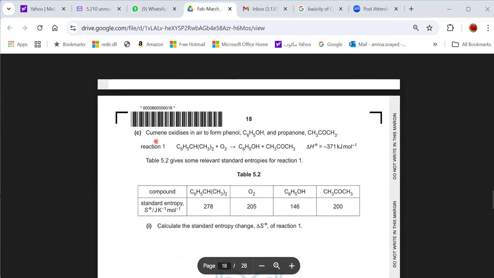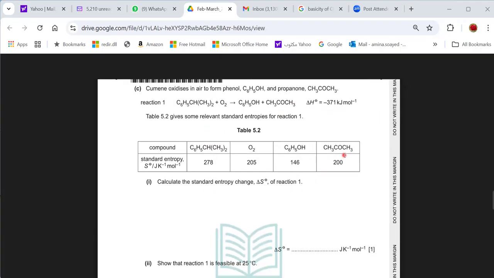Here it says cumene oxidizes in air to form phenol and propanone. The delta H naught is minus 371 kilojoules per mole. Table 5 gives some relevant standard entropies for reaction 1. Calculate the standard entropy change, delta S naught of reaction 1.